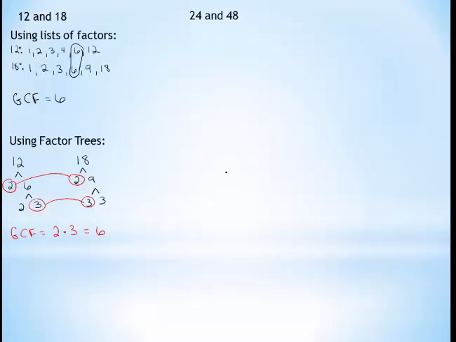Okay, looking at our next example, 24 and 48, we'll list our factors. 1, 2, 3, 4, 6, 8, 12, and 24. And if you look, there's kind of an interesting pattern. 4 times 6 is 24, 3 times 8, 2 times 12, and 1 times 24.